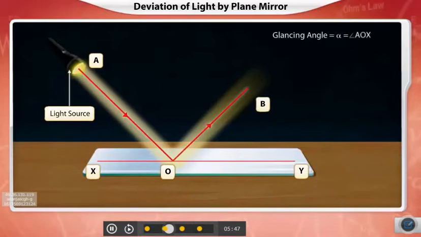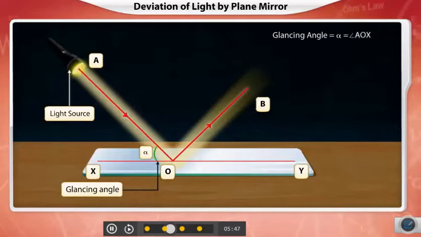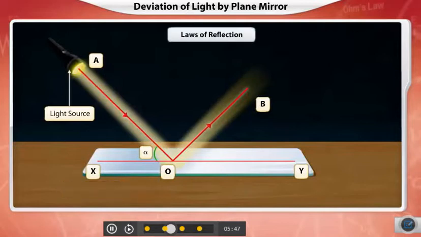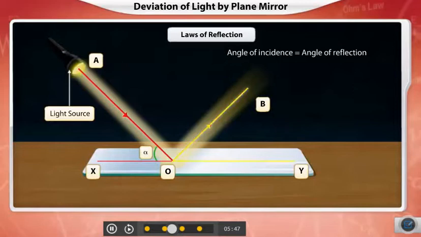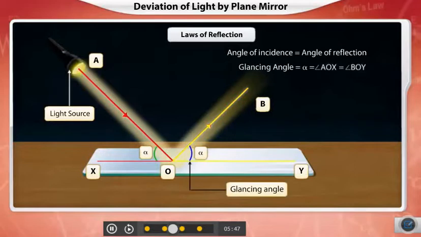Let's mark the angle AOX as alpha. This angle is called the glancing angle. According to the laws of reflection, the angle of incidence is equal to the angle of reflection. Hence, the angle BOY can also be marked as alpha and can be called the glancing angle.